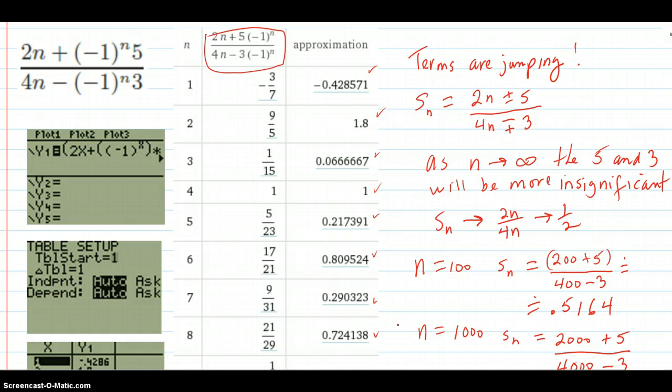Well, let's just look at it mathematically. Your nth term is going to be of the form 2n plus or minus 5 divided by 4n minus or plus 3. And that's because of this right here.